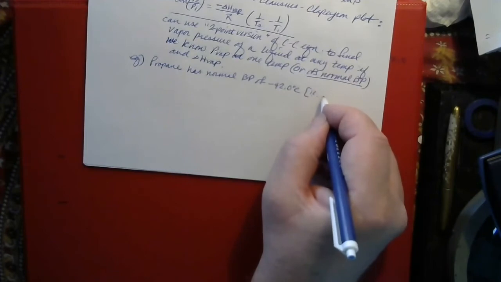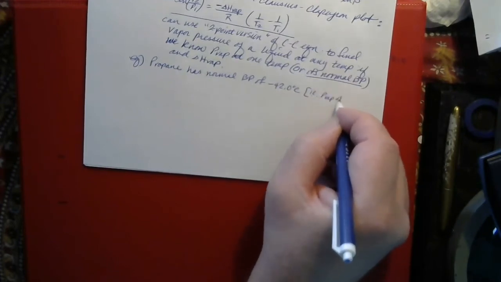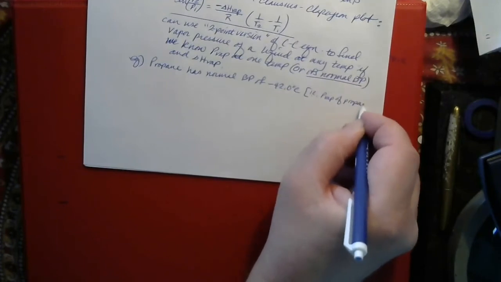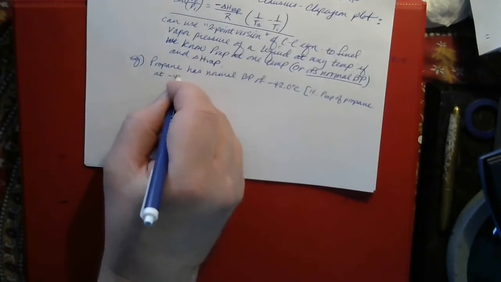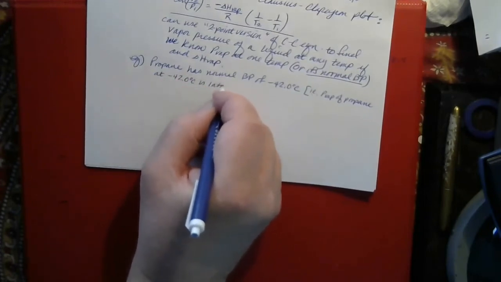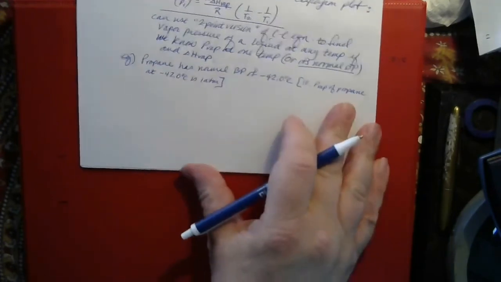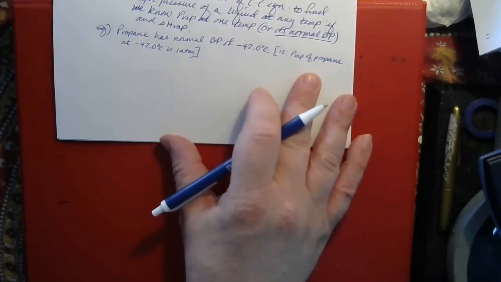And what that means is the vapor pressure of propane at negative 42.0 degrees Celsius is 1 atmosphere. That's what normal boiling point means. At that temperature, the vapor pressure is 1 atmosphere.